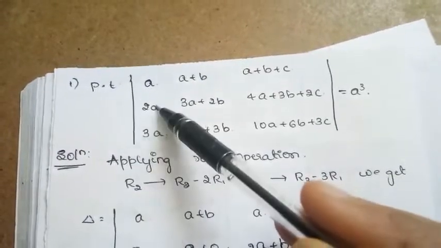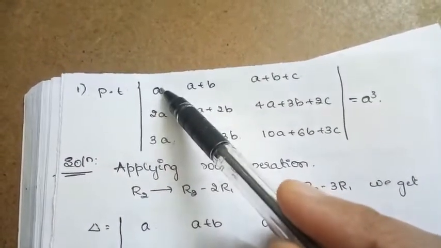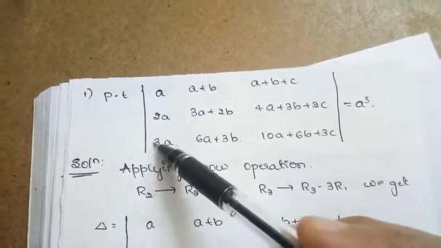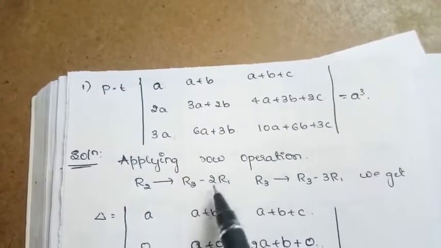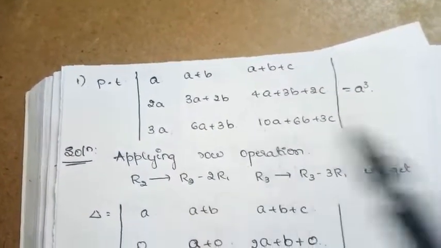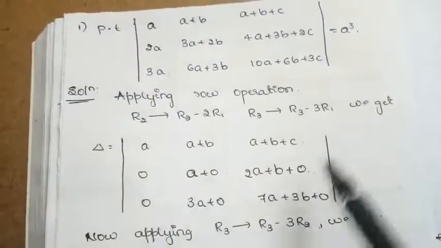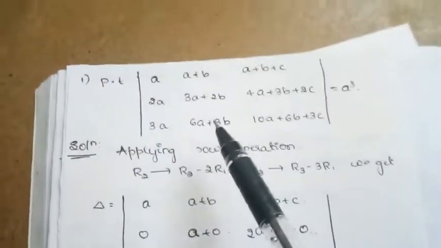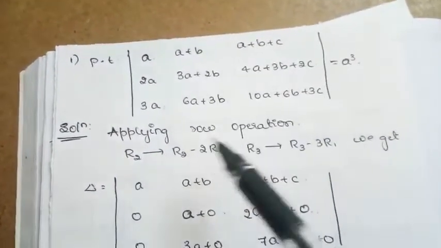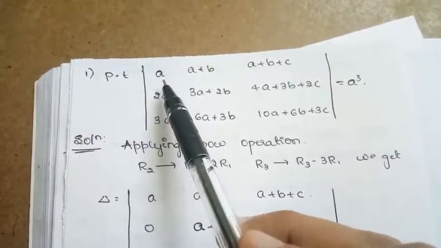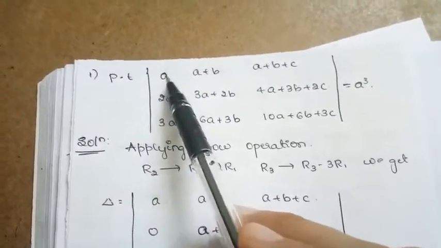That is R2 implies R2 minus 2 times R1, and the second row operation, R3 implies R3 minus 3 times R1. I am doing them simultaneously, so you must be cautious when handling the second row and third row.